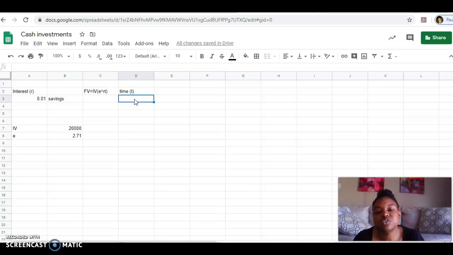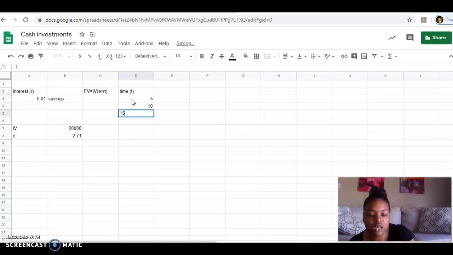Then the times that I want you to use, I want you to do 5-year increments or 10-year increments for this 50-year period. Again, that 50-year period comes from the Enhancement Project's instructions. So I'm just going to, in this column, input the different increments of time.